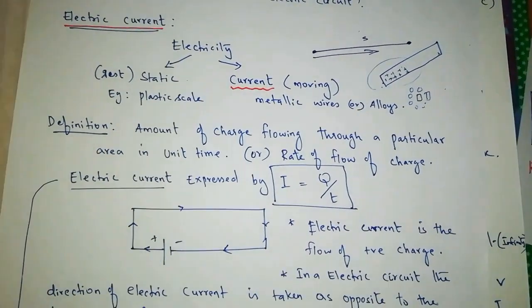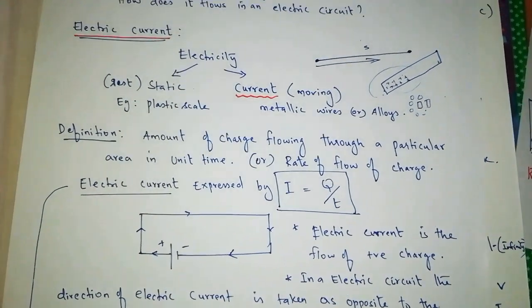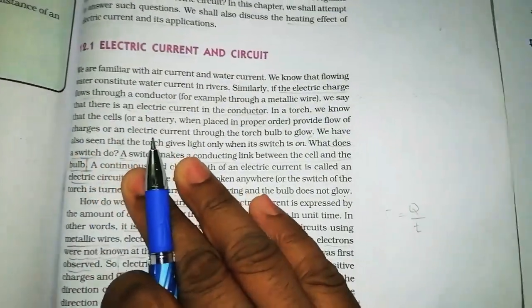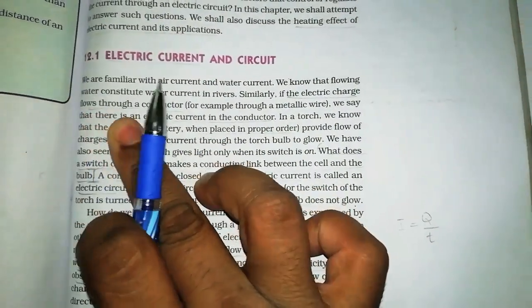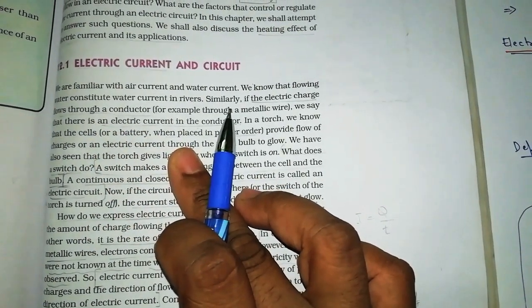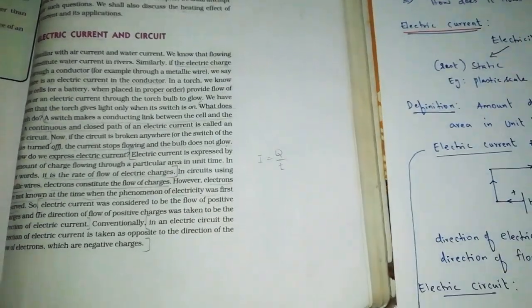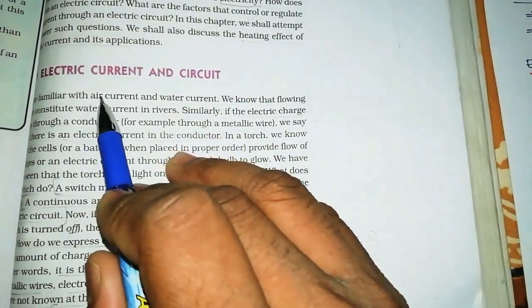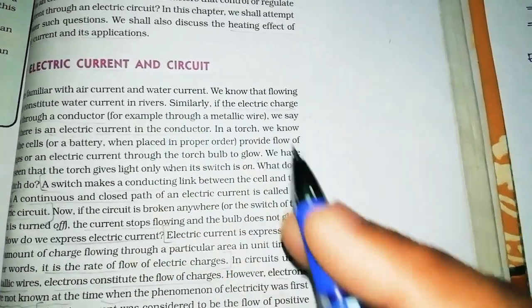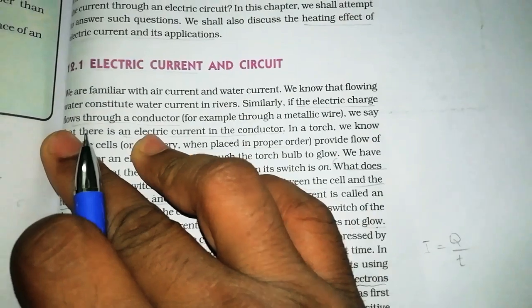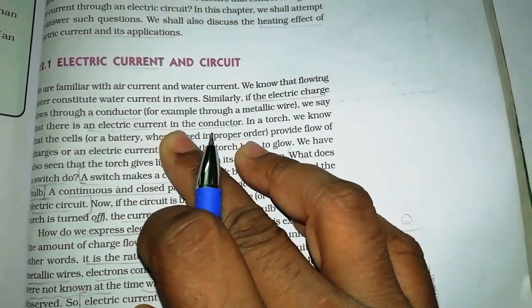So when we are talking about electric current, what is electric current? Okay, let's go to the book and we can look at it. We are familiar with air current and water current. Why do we name them air current, water current? Because air moves, water moves. That means when they flow, right, they flow through a conductor.